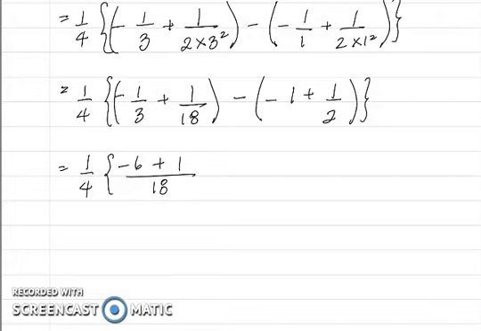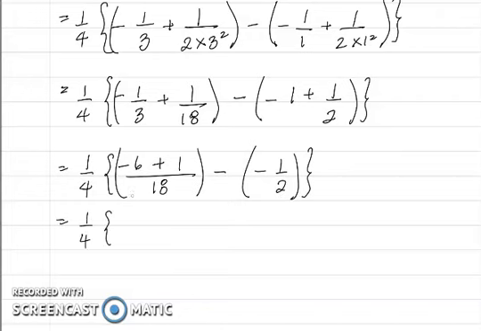All right, minus 6, minus, minus 1 plus a half is minus a half. So now we have 1 over 4, and in bracket here we have minus 5 over 18 plus 1 over 2.